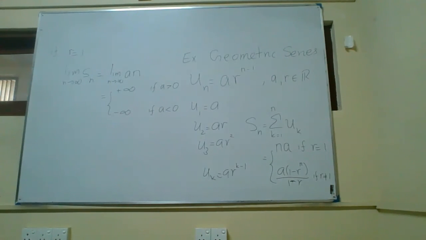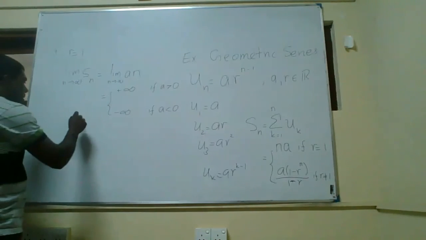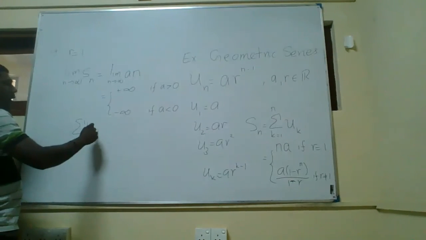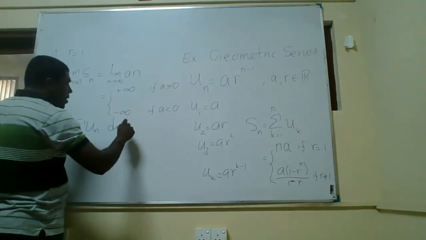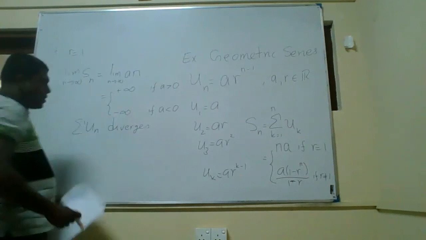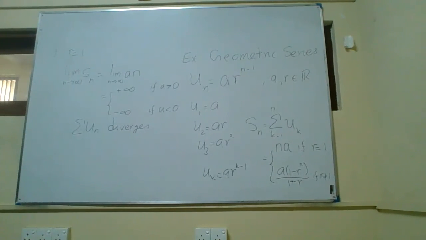So this is divergent. In this case, the summation of un diverges because of infinity. Now the other case, r not equal to 1, is where we are going to show that the sequence converges.